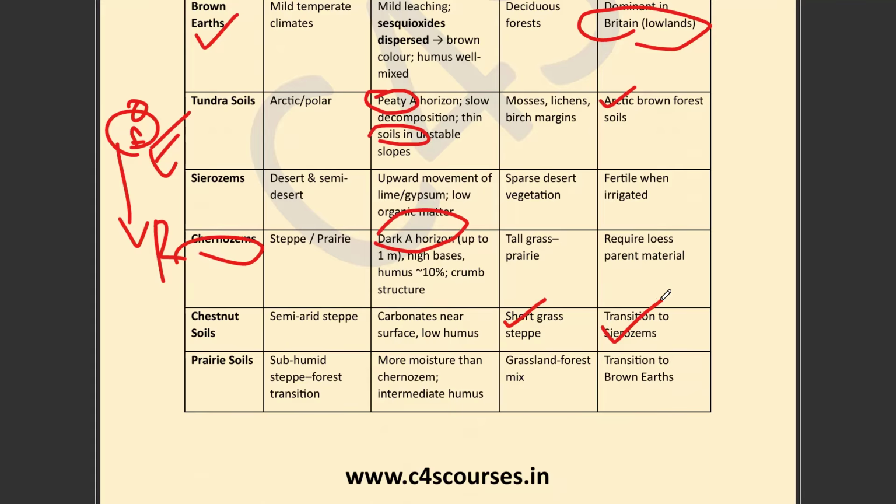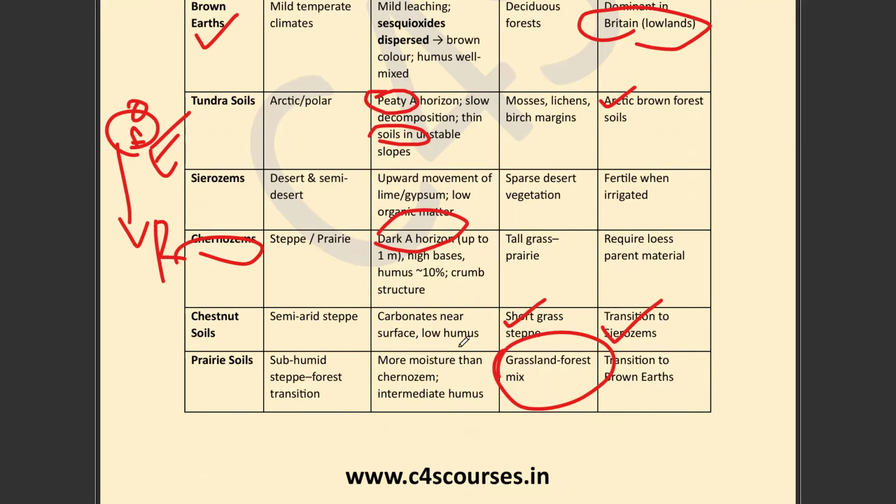Next comes your prairie soils. What does it mean? It is found in the regions of subhumid steppe or forest transition. It has more moisture than the Chernozems, but it does not have much humus. It is at a moderate level of humus. And the vegetation, you could see, is a grassland forest mix. Why?